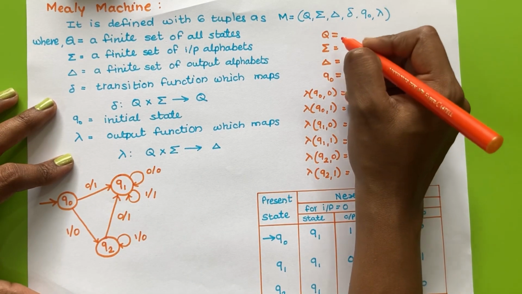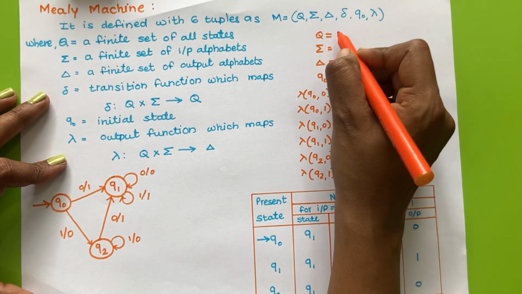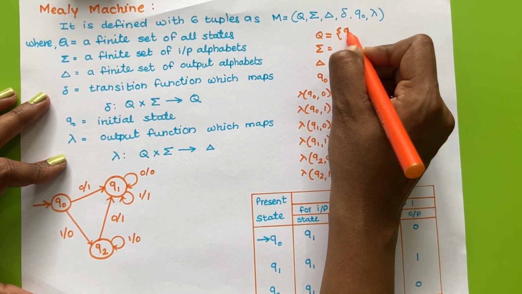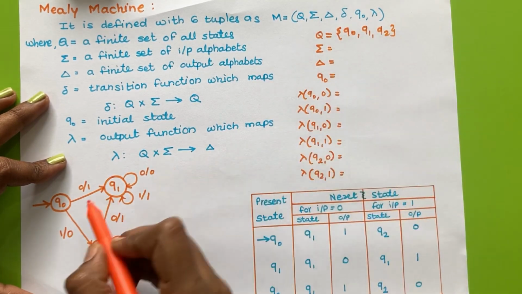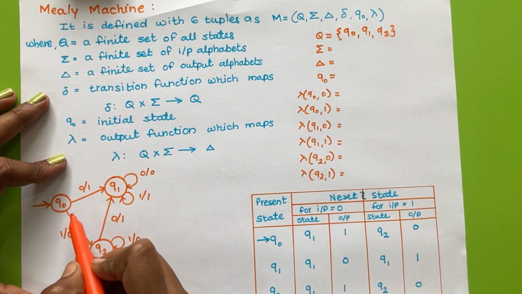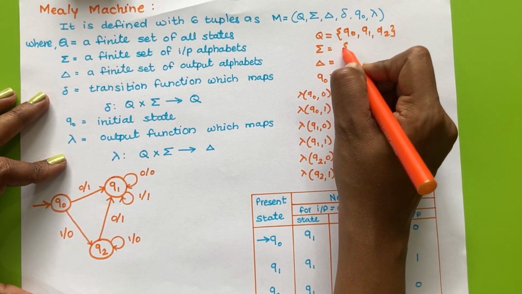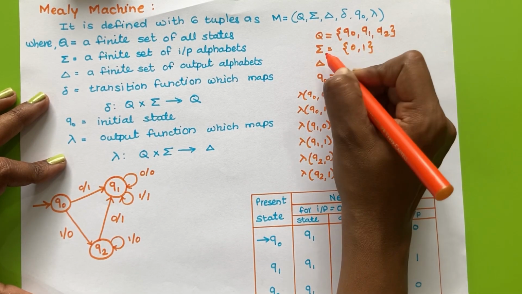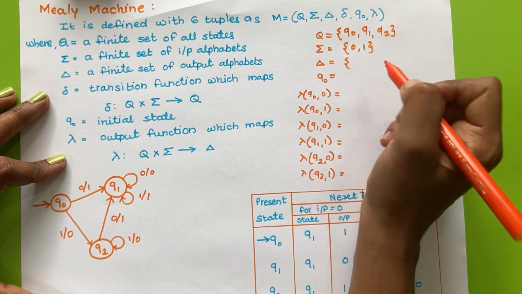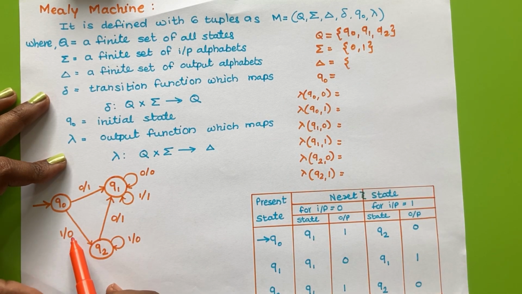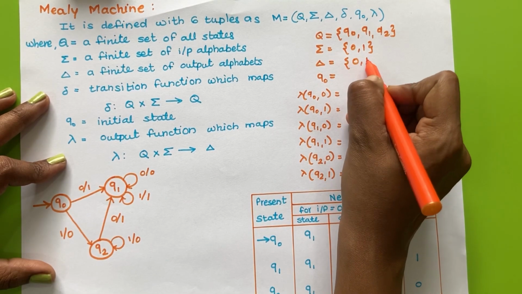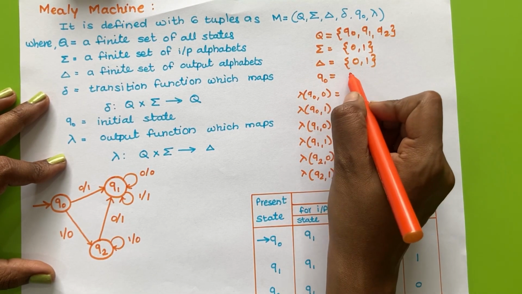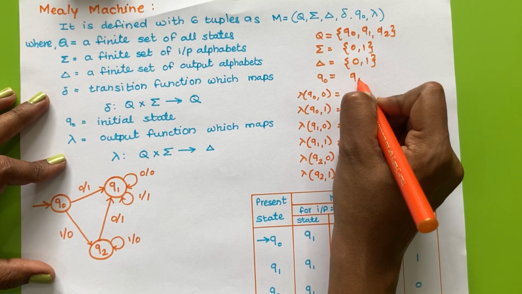So we'll calculate this set. Here Q will be Q0, Q1, Q2. Sigma will be, what are the input symbols? 0 and 1. It can happen that sigma is similar to triangular delta. What are the output symbols? The output symbols are again 0 and 1. Next, Q0, the initial state, is Q0 itself.